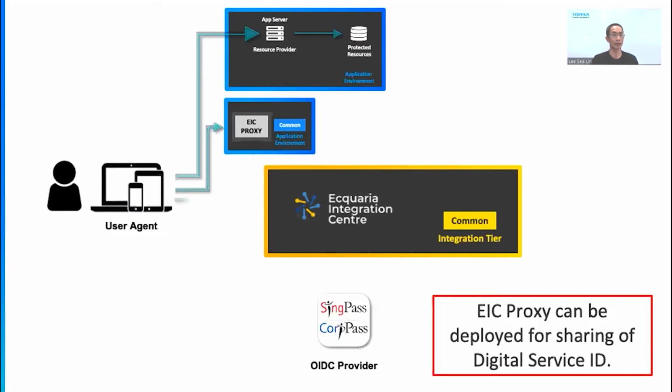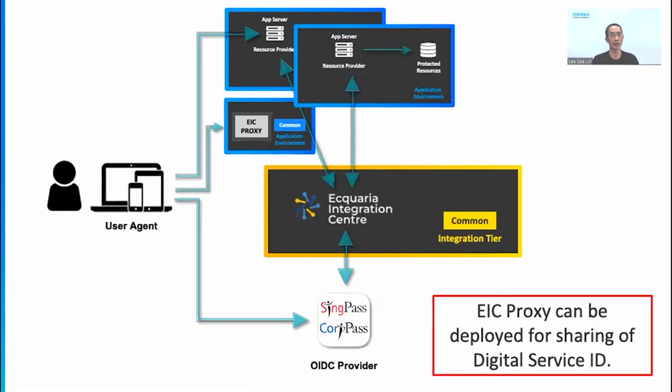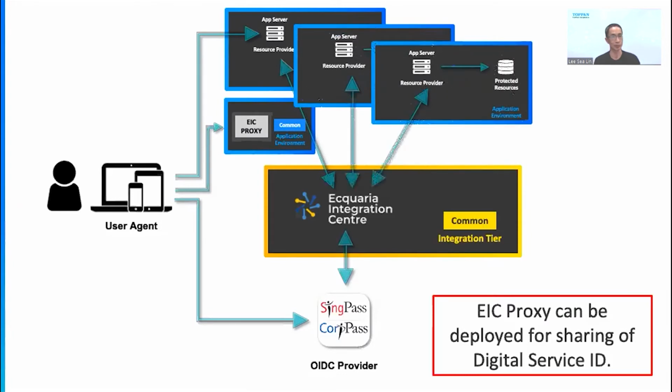After that, EIC proxy will redirect to SingPass COPA for the user to log in. And the rest of the process is quite similar. The app server will make a similar call to EIC, and EIC will verify that with SingPass COPA. And this can then be extended to multiple systems.